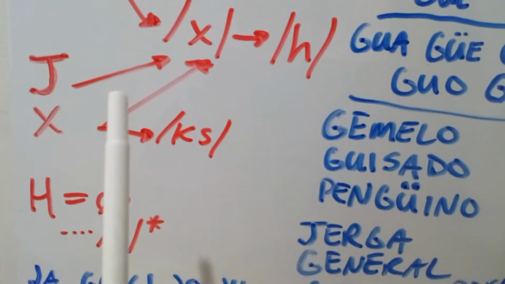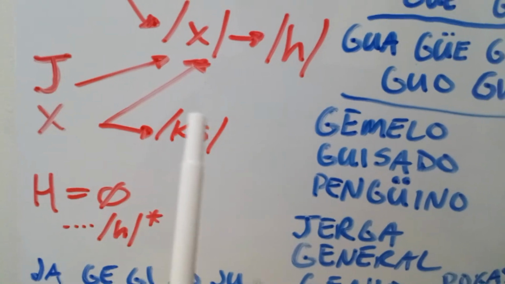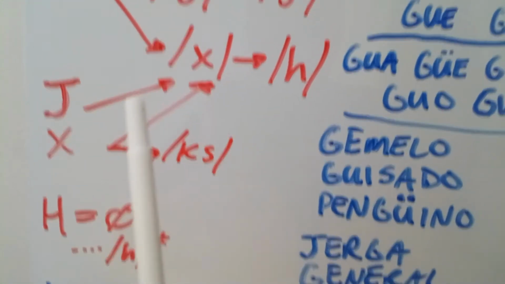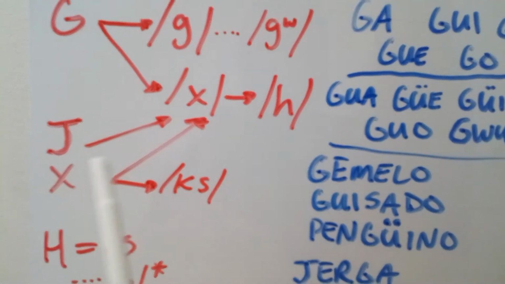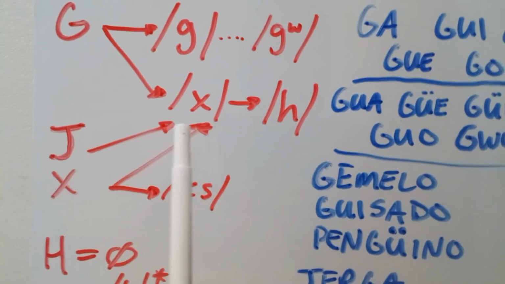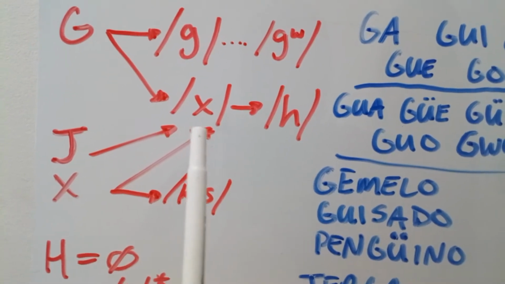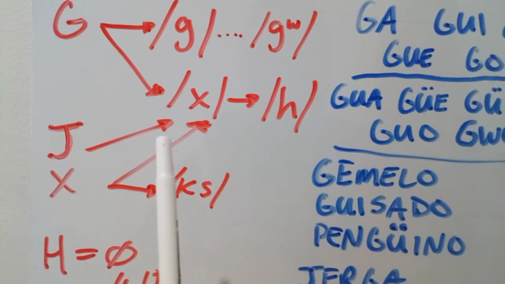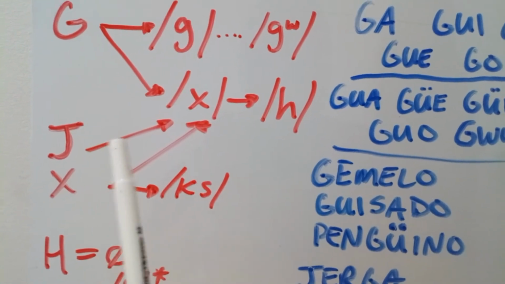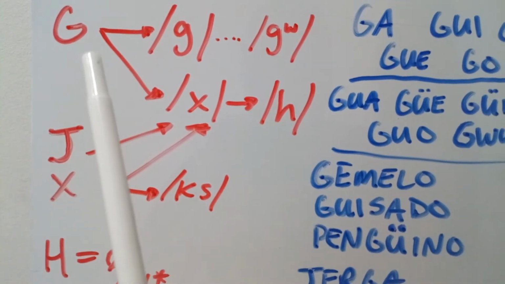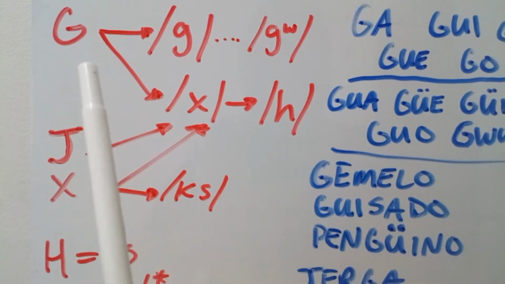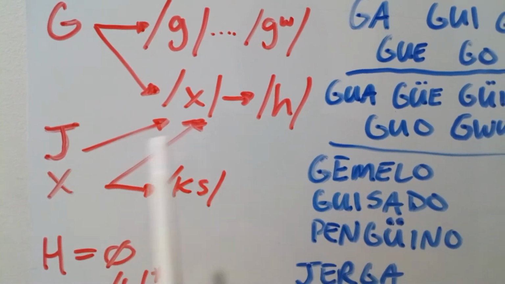And I'll go to the examples later, but I'll explain these last ones as well, and then we'll go through the examples. So this J, the Jota, only makes this sound, the same sound that a G can make in certain situations. The J makes it in all situations, or in all cases. The G makes it in certain occasions, whereas the J makes it on every occasion.